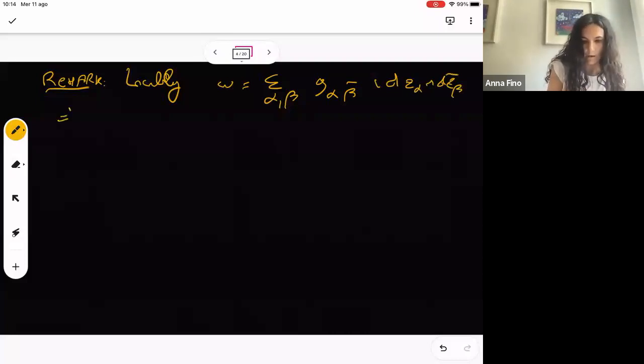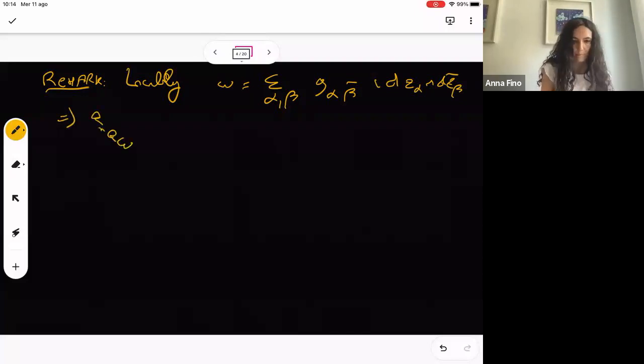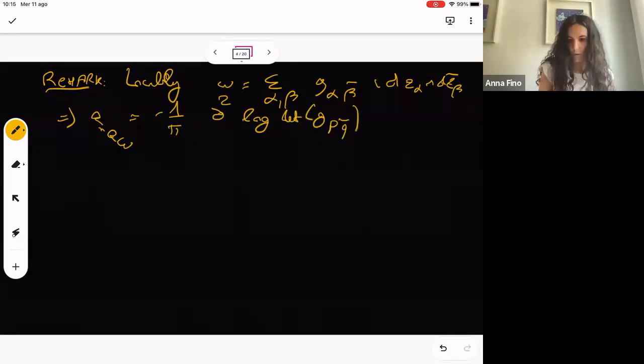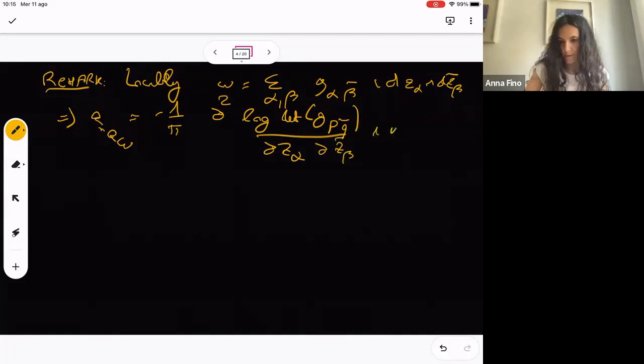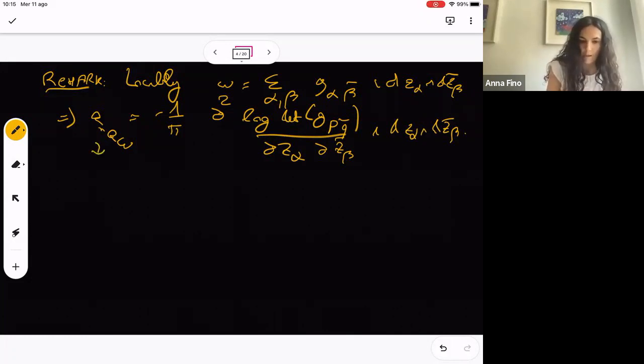And then if we look locally, the expression of the Ricci form associated to omega is, by convention, minus 1 over pi times the second derivative of log of the determinant of our metric, second derivative with respect to zeta alpha and zeta bar beta. This is exactly the expression of the Ricci form locally. What is nice is that this is a local expression, but it is defined globally.